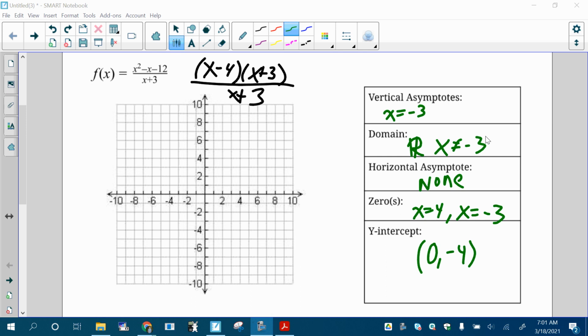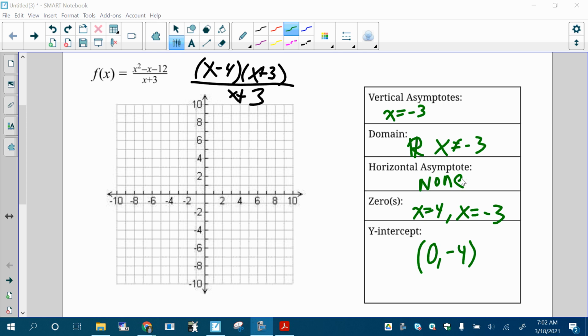Okay. So if you've been sticking with this last learning check, you probably filled out the characteristics like this. You looked at the denominator and said, I got an x plus 3. The denominator tells us about vertical asymptotes, so I have a vertical asymptote where x plus 3 equals 0, which is x equals negative 3. And with a vertical asymptote at x equals negative 3, my domain is everything except that.